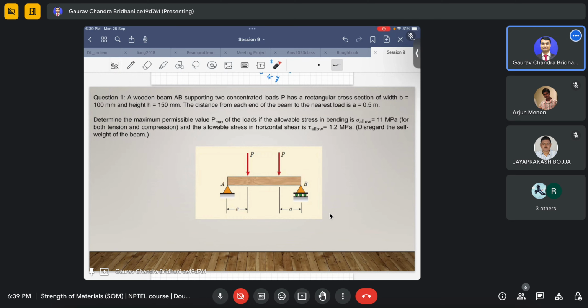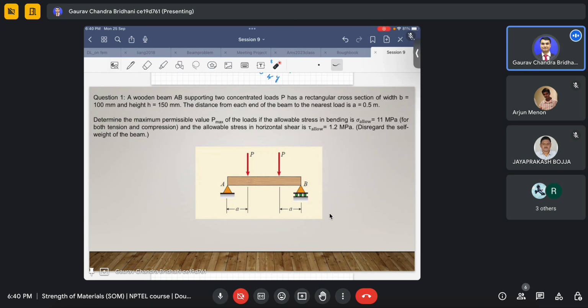Now determine the maximum permissible value P max of the loads if the allowable stress in bending is 11 MPa, both in tension and compression, and the allowable stress in horizontal shear, tau allowed, is 1.2 MPa. Disregard the self weight of the beam. So here we don't need to worry about the self weight.